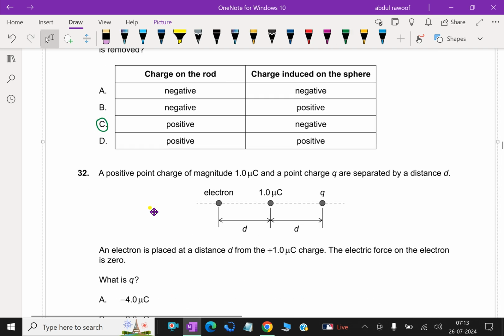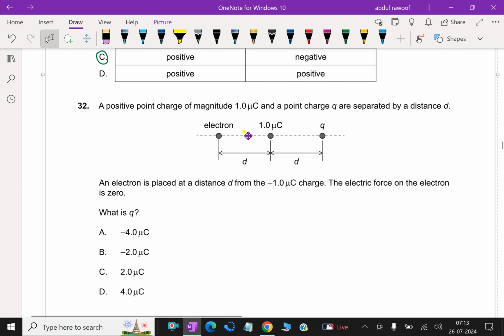Next question. A positive point charge of magnitude 1 microcoulomb and the point charge Q are separated by a distance d. An electron is placed at a distance d from the plus 1 microcoulomb charge. The electric force on the electron is 0. What is Q? Here Q is minus 4 microcoulomb.